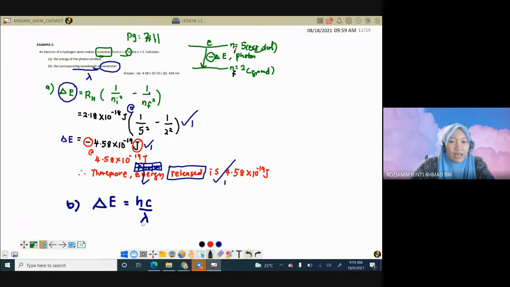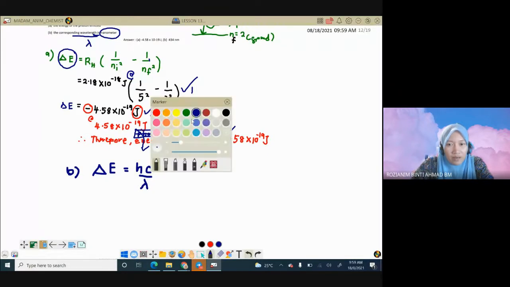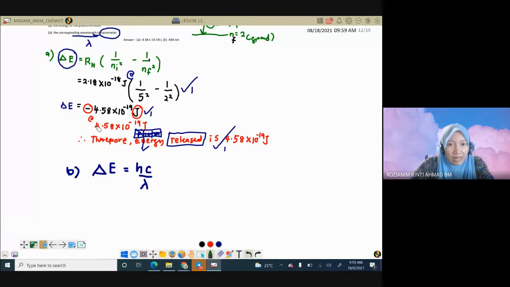Wavelength tak pernah negatif. So therefore, when you substitute the value from the calculation part A, we just take out the positive data sahaja tanpa ambil negative sign. Sebab negatif ni membawa maksud dalam postulate release.